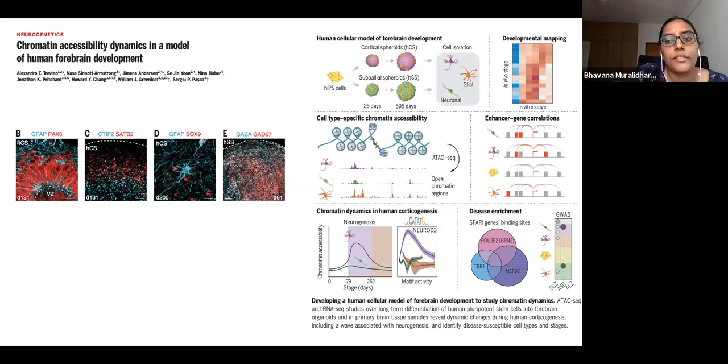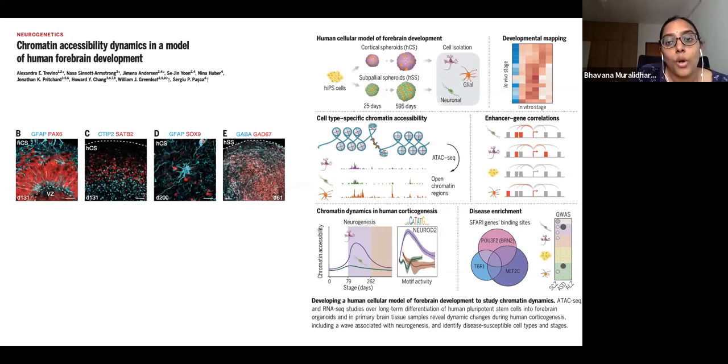The cortical spheroids also give rise to the glia. So basically, the question asked was whether the molecular markers or the sort of development which happens in the organoids mimics that of fetal tissue.